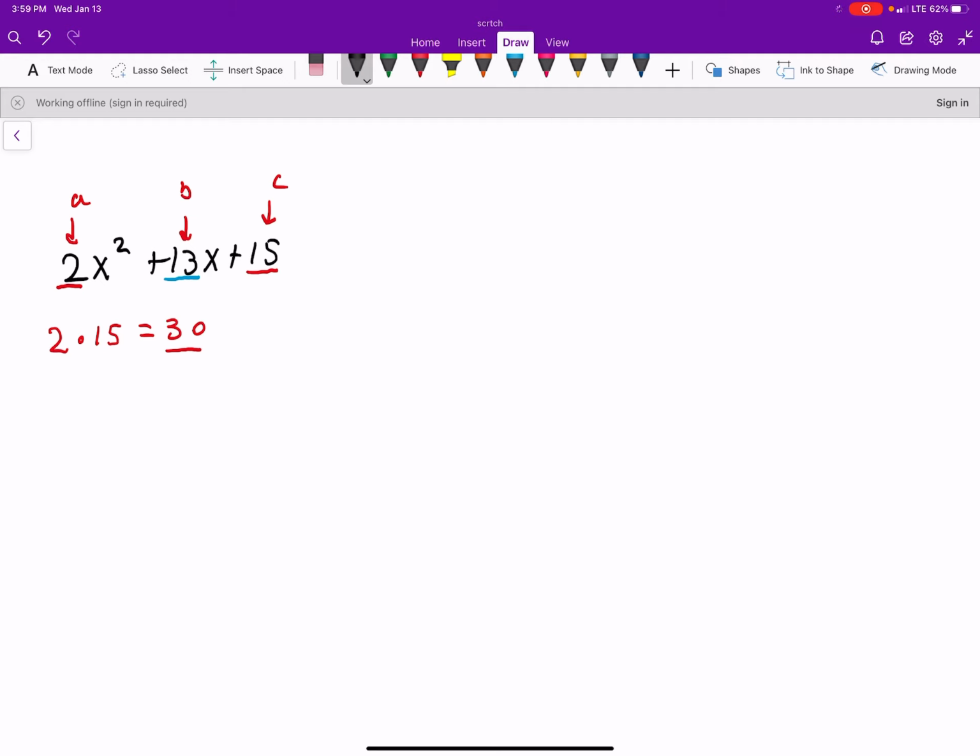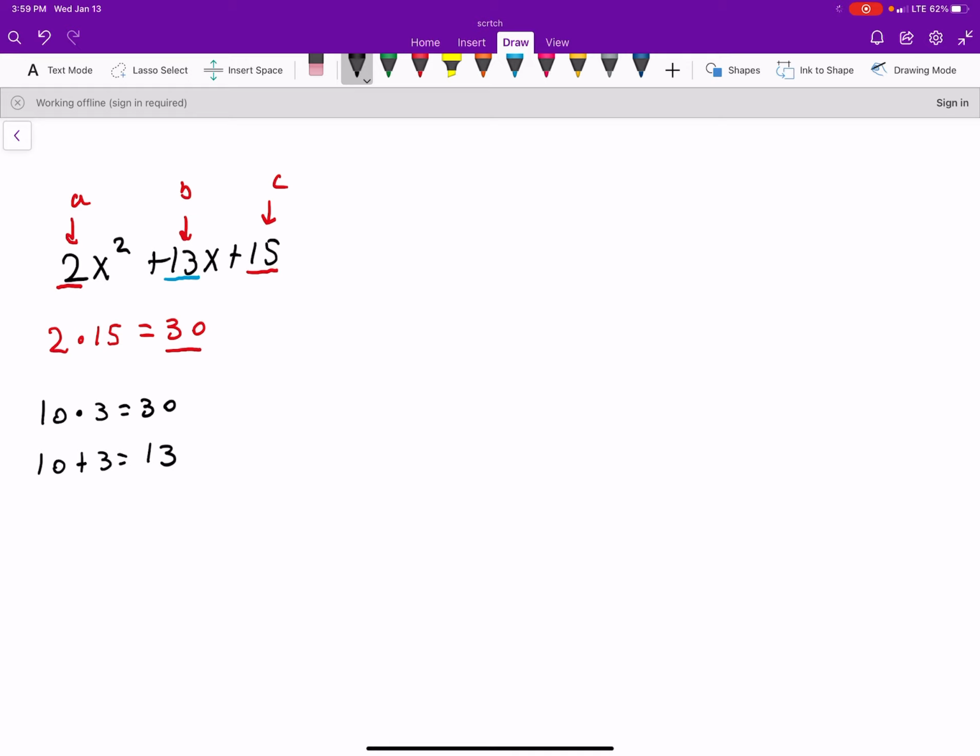So the fact that I'm able to get 30 by multiplying these numbers and 13 by adding those same numbers means those are the numbers we're going to work with.